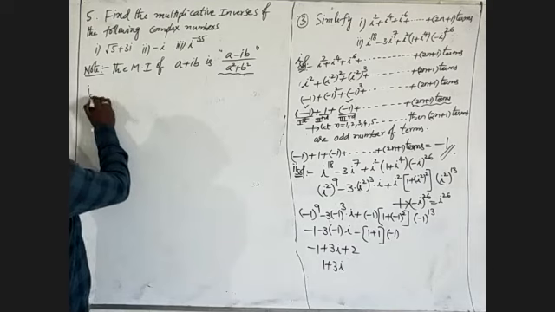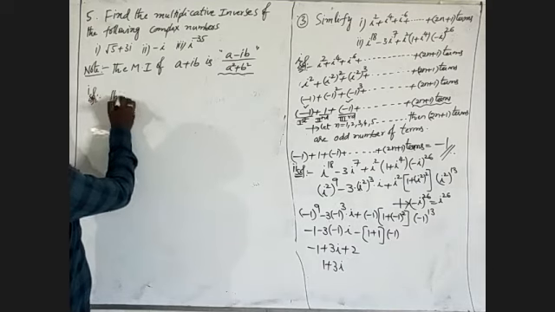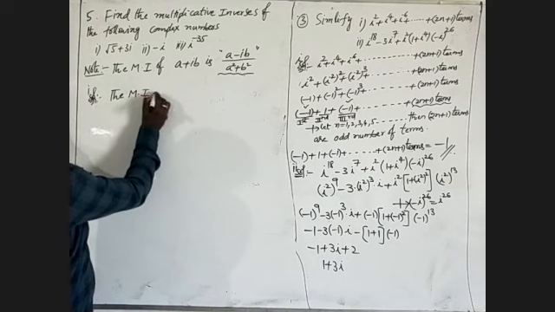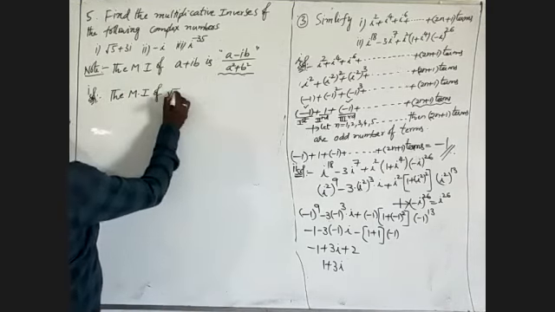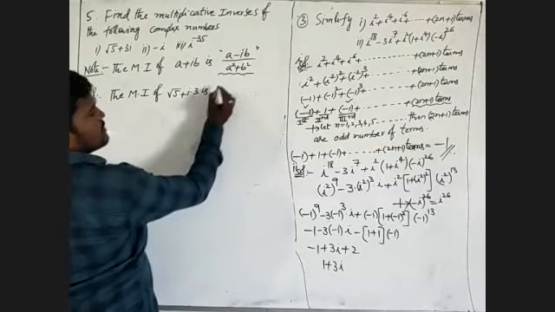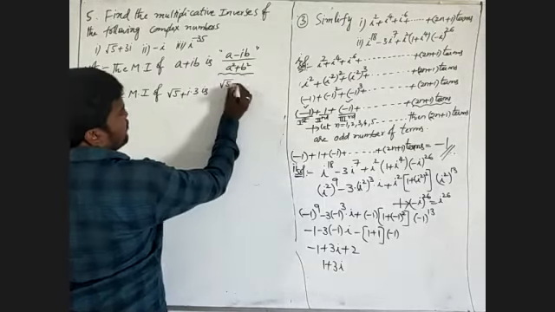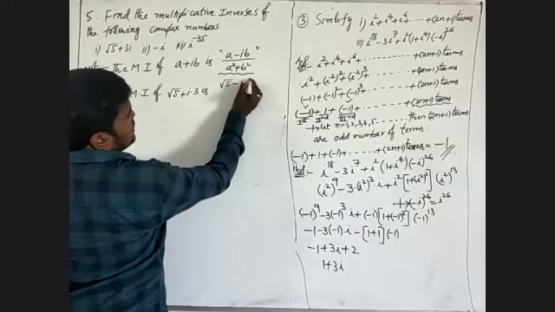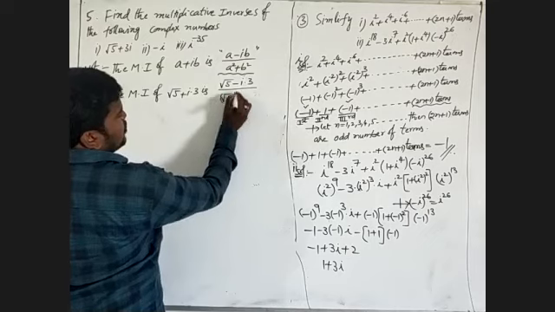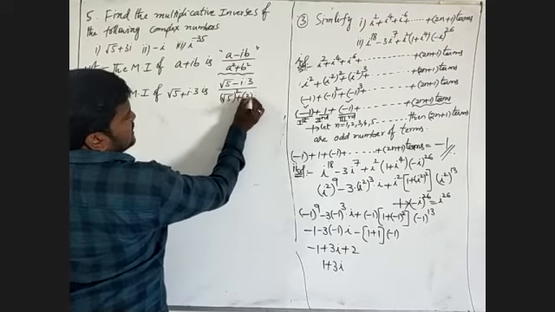Here the first one. The multiplicative inverse of root 5 plus 3i is, root 5 minus 3i by, where a is root 5, root 5 whole square plus b is 3 square.